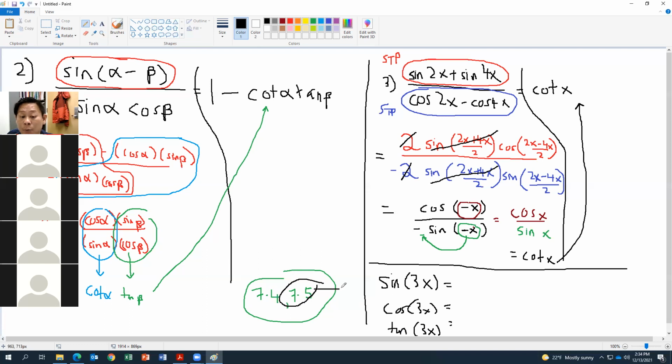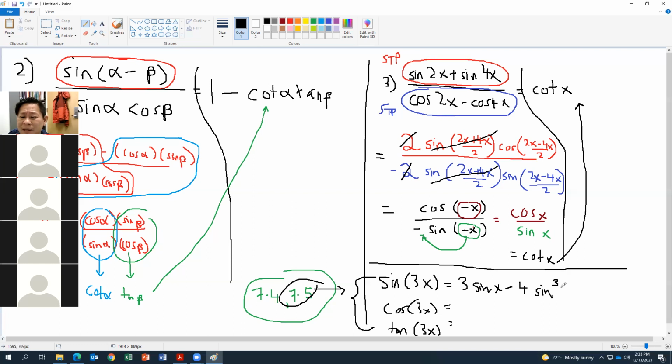If you rewatch the Zoom for 7.5, how do you prove sine 3x, cosine 3x, and tangent 3x? I think we did this before in 7.5, or you can also YouTube this. This is easy to YouTube. I think the formula for sine 3x is 3 sine x minus 4 sine to the power of 3 x.